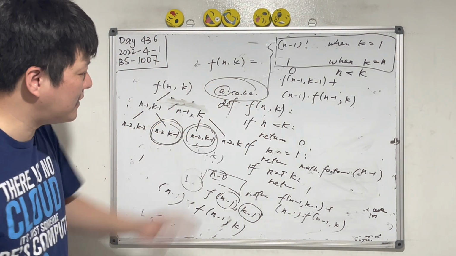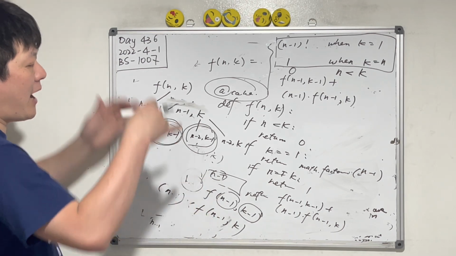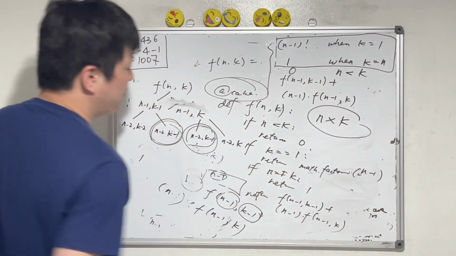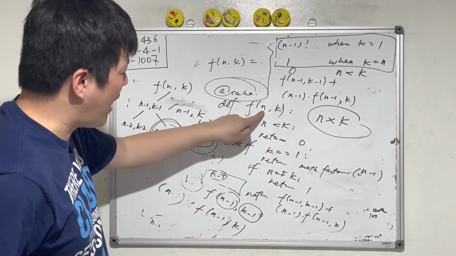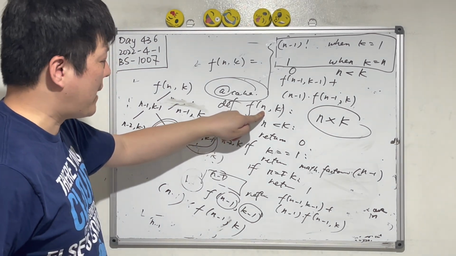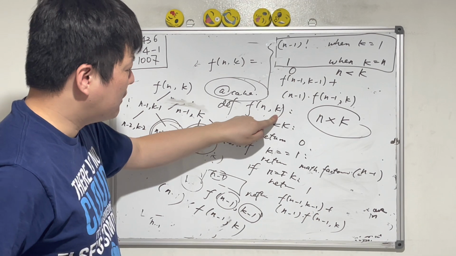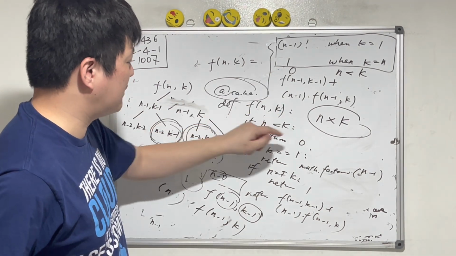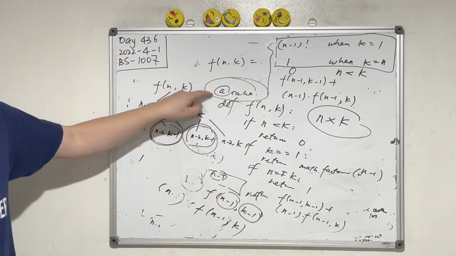In that case, the maximum number of states we calculate is n times k, because n goes from 1 to n minus 1 and k from 1 to k minus 1. So that's the very important thing today.